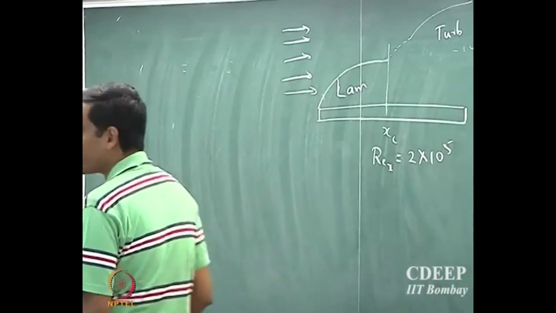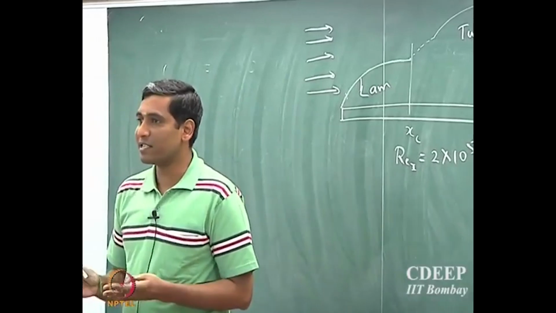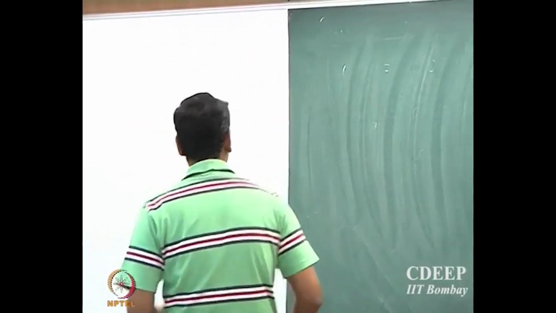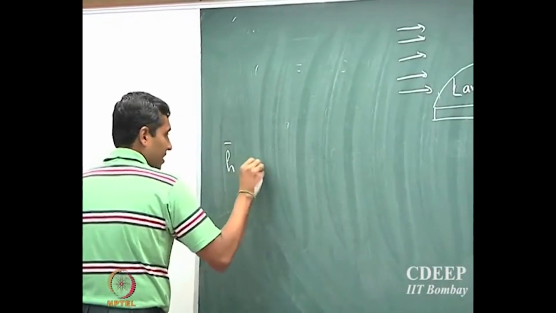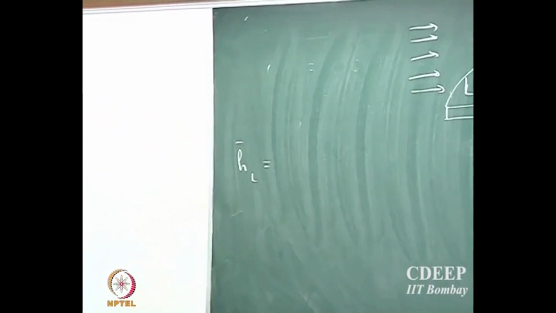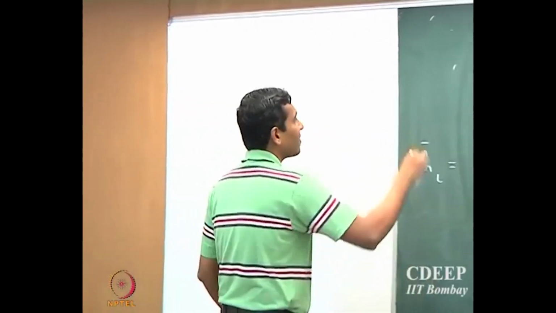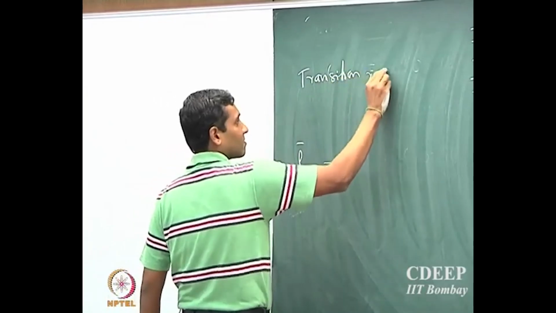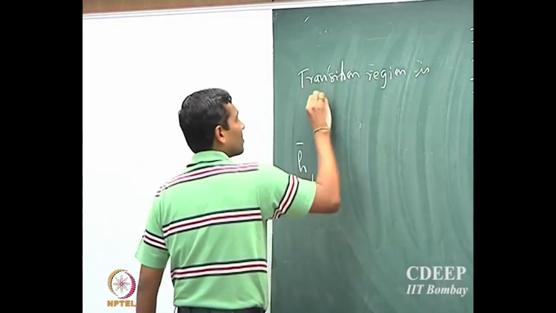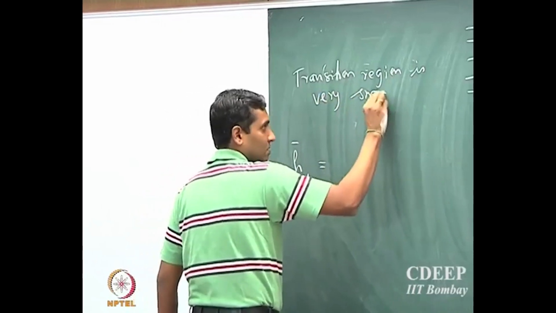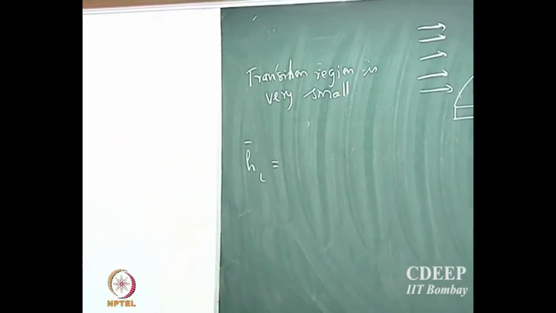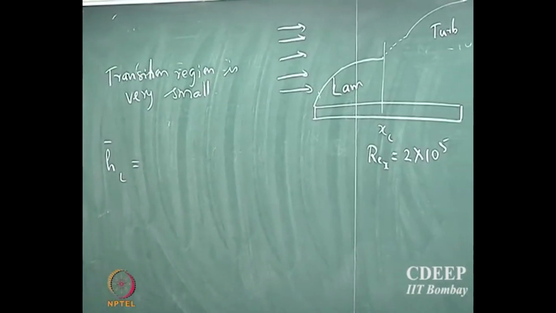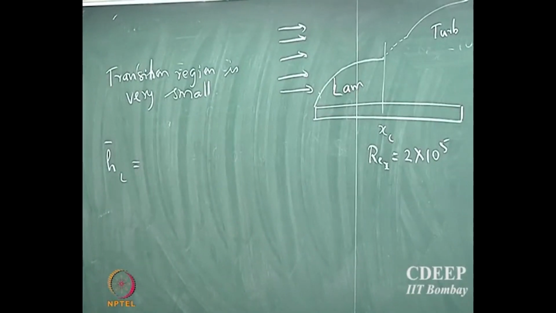So remember that what we are interested in is only the average heat transport and average mass transport coefficient. So we would really require to calculate the average heat transport coefficient for the full plate. Suppose we assume that the transition region is very small, so remember that transition region is a flow condition which has not been characterized and it's not been fully understood as to what is the hydrodynamic condition in the transition region.